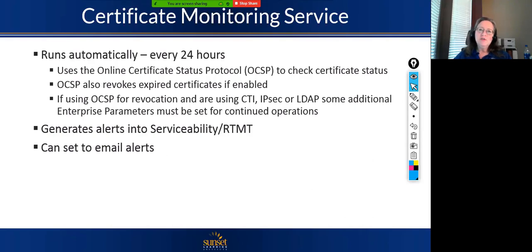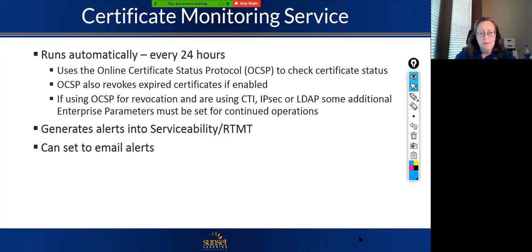The certificate monitoring service runs every 24 hours, and it checks the current status of the certificates. It will check for approaching expiry and will let you know. And as part of that, it will check for revoked certificates and expired certificates. And it will go in and revoke expired certificates. That's actually what I wanted to say about that.